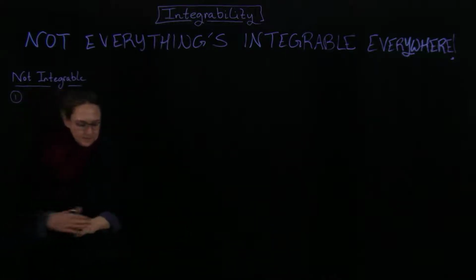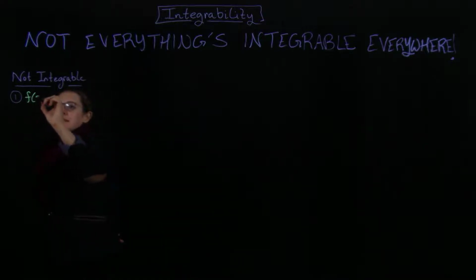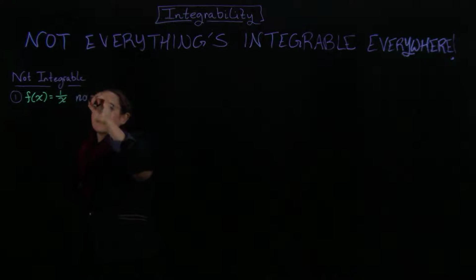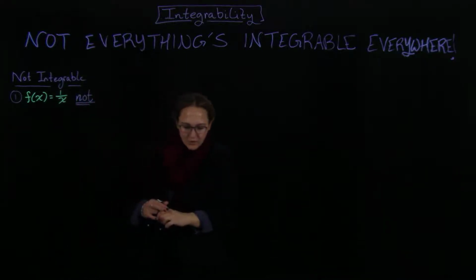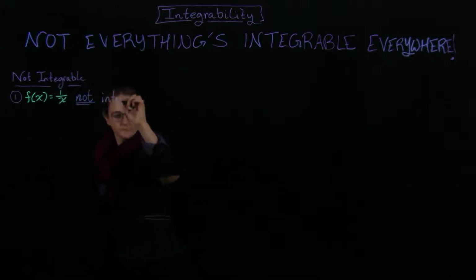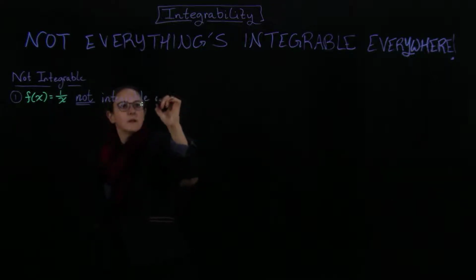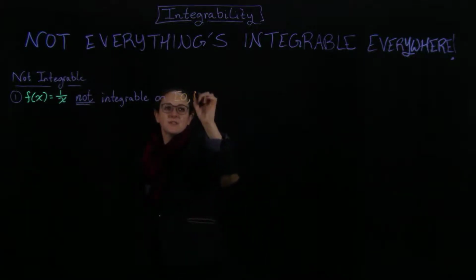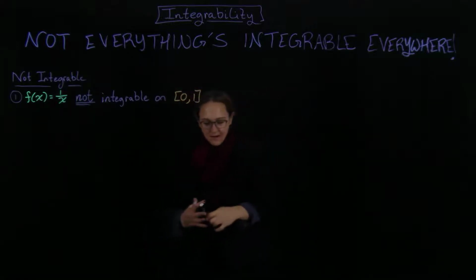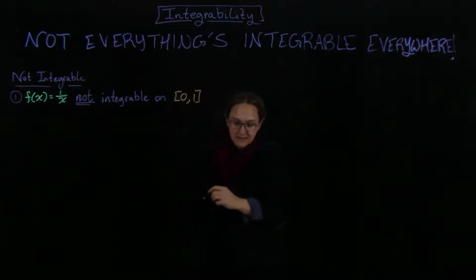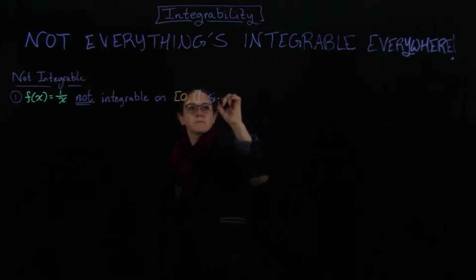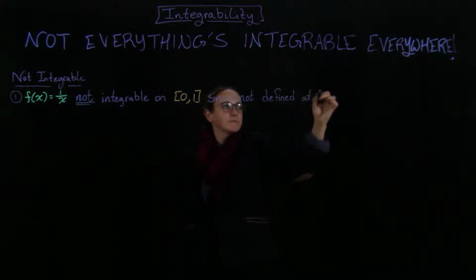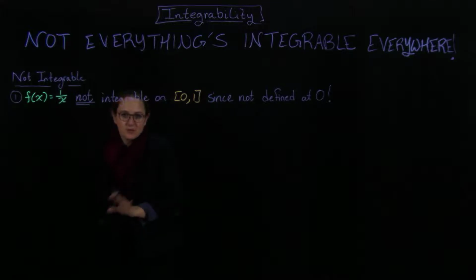So we have that f of x equals 1 over x is not integrable on an interval like 0 to 1, for example, but you could choose any number there, since it's not defined at 0 and 0 is included in there. So that's an example of a function that's not integrable at a particular point.